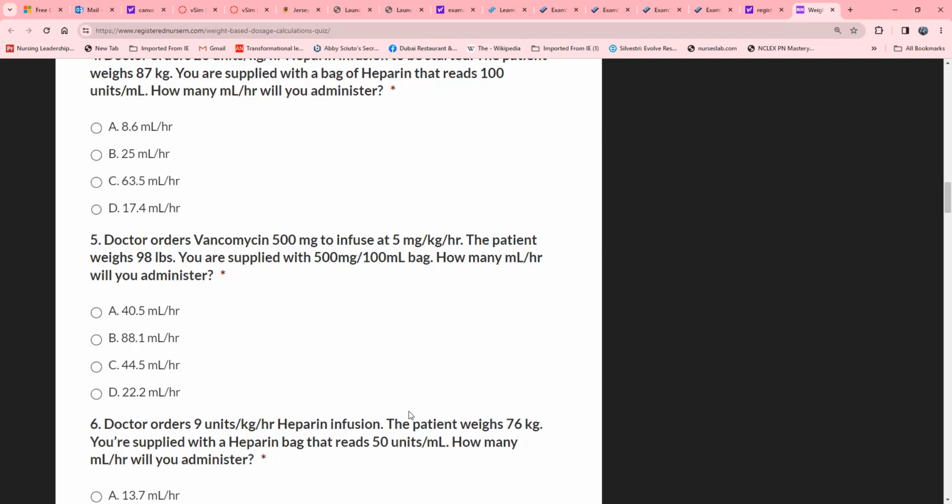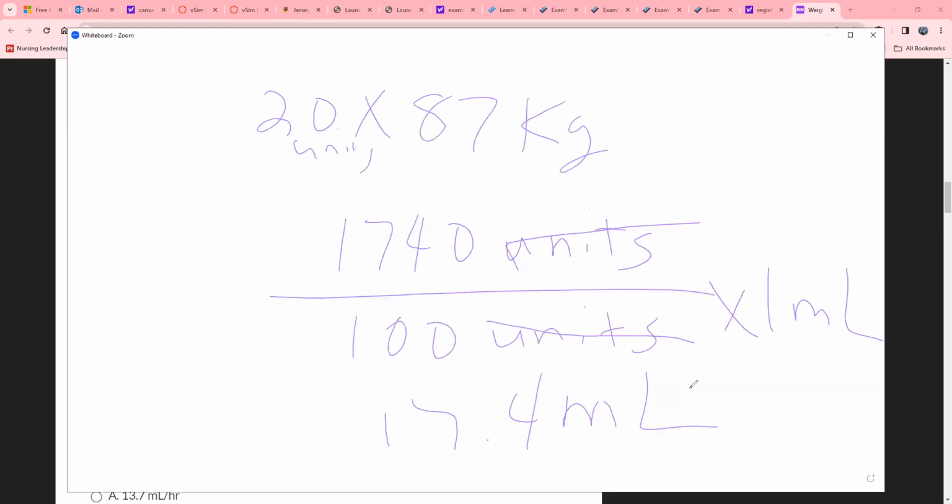I'm going to go to the whiteboard. Okay, so here it tells you that your patient's weight is 98. It's looking for mLs per hour. So we divided that by 2.2.